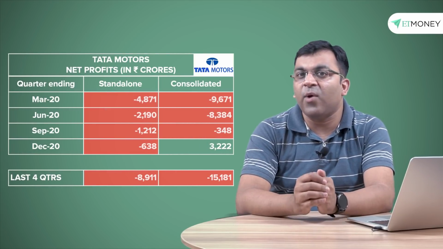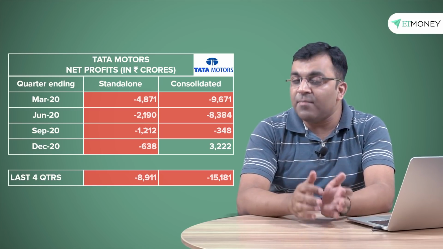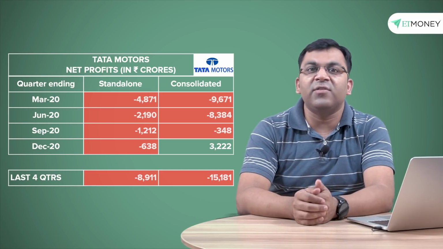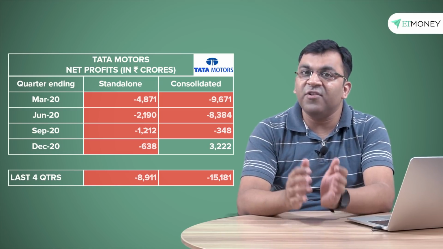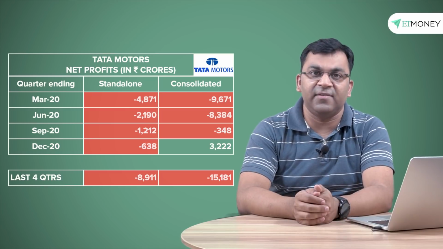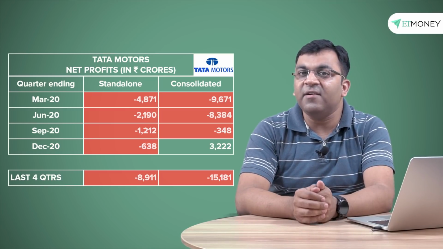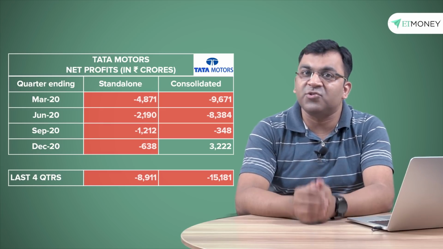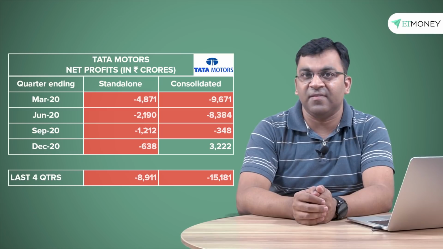An examination of the last 4 quarters shows that while the standalone profits of Tata Motors look better in some quarters, it is definitely not the case all the time as different parts of the group go through different sales, profit and capex cycles. But overall, we see that Tata Motors shows a better trailing year net profit situation on a standalone basis rather than on a consolidated basis.